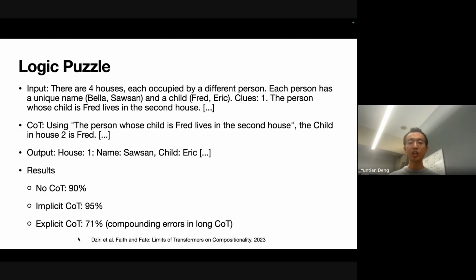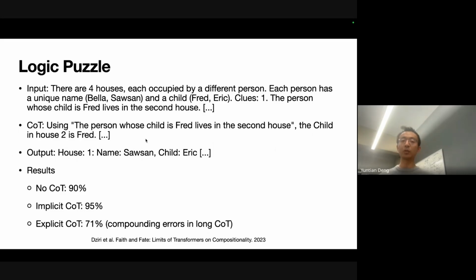It's because the chain of thought in this data set is usually really, really long, because each clue is pretty long, and also the reasoning process can be long. When there's a single error in the reasoning chain, it can sometimes lead to more and more errors, and eventually an incorrect output for explicit chain of thought reasoning.